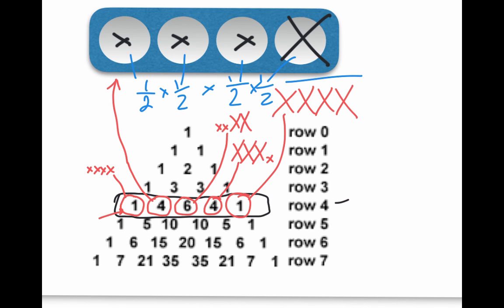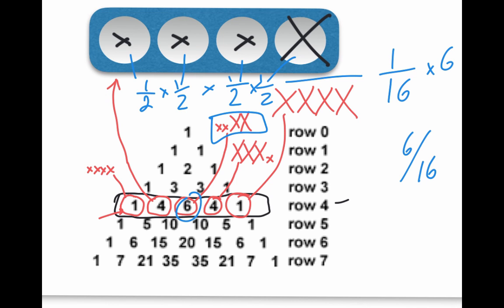So this gives us 1 out of 16. So the probability of any one of the possible genotypes is 1/16. These are the coefficients. So for the situation shown here, we can take the 6 and multiply times this one. So we have 6 combinations out of 16 that would give us the outcome that we wish.